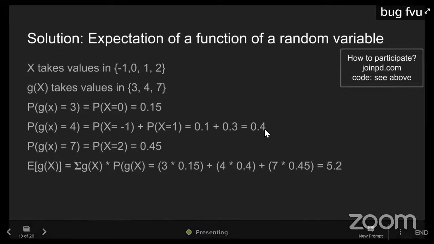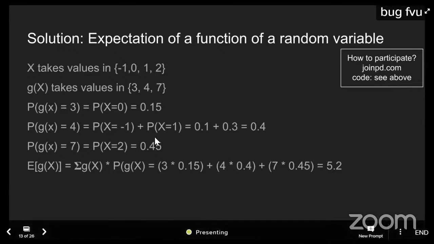Is this clear? Similarly, g of x will take the value 7 when x equals 2, and its probability is 0.45.